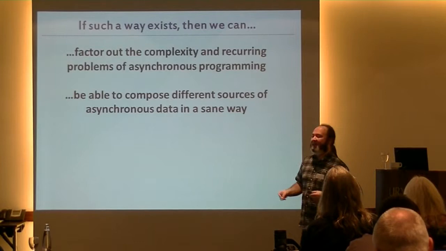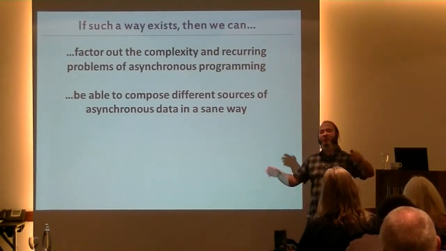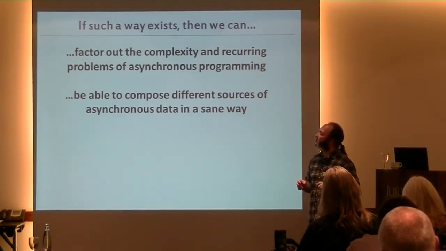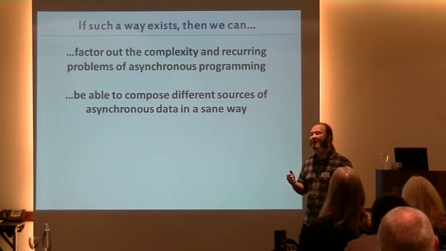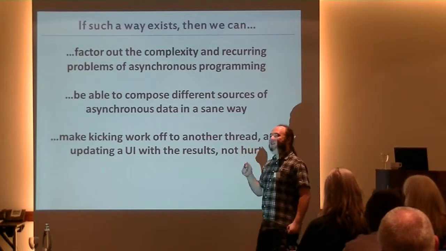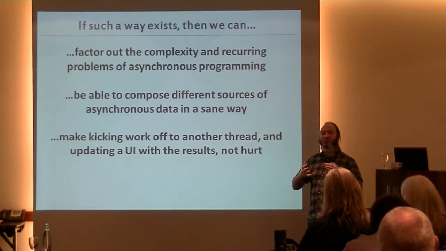So we know that we can take a list of products and a list of customers or orders or whatever and match them all together using various different kinds of list operators. Well, it'd be nice if we could do that with asynchronous data as well. And what if it could be made easy to just take some work, throw it onto another thread, and get the result back and have it all not hurt?